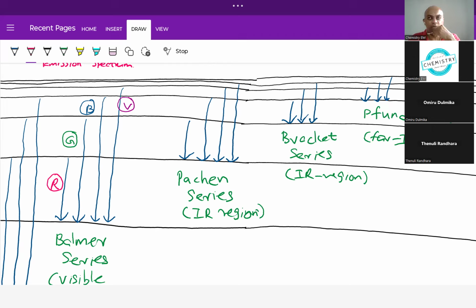This is in the infrared region, or IR region.